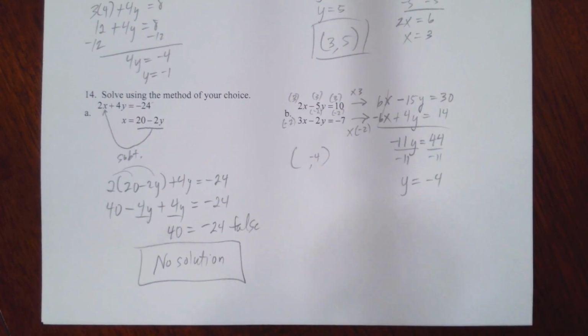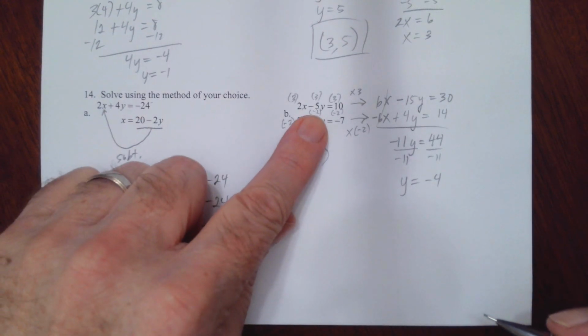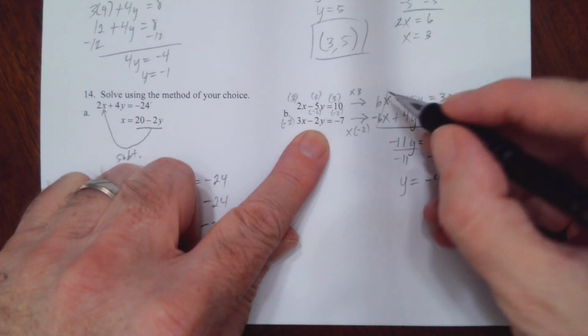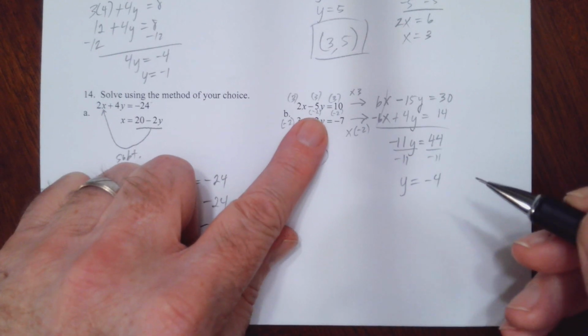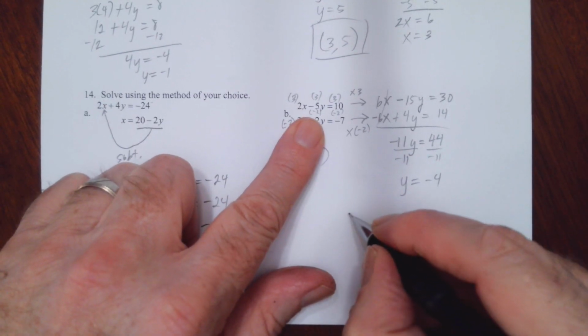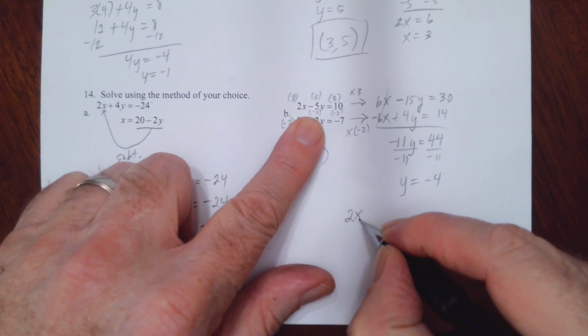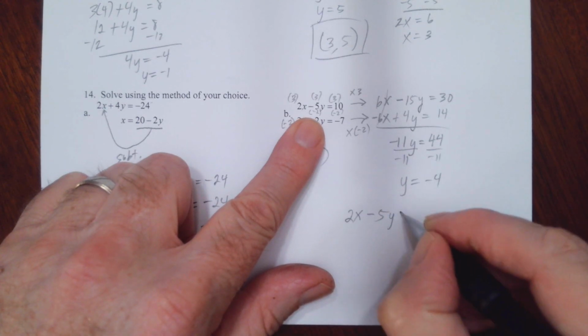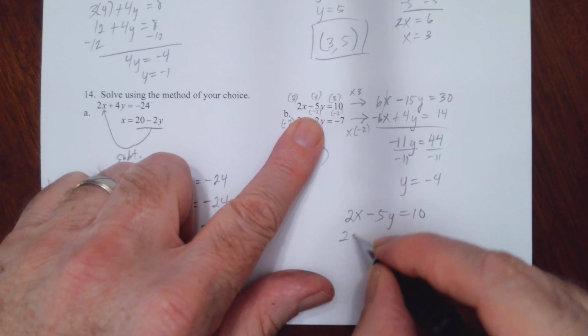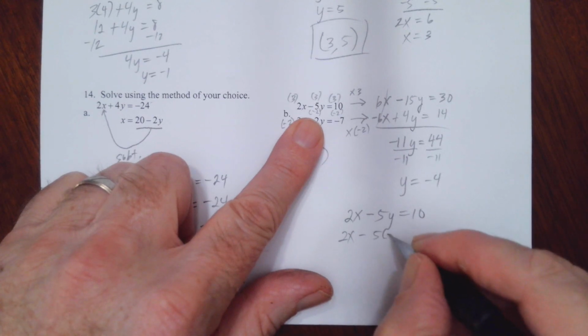Let's find x. So I think I'm going to use this first equation. You could use this one. You could even use one of these. But we want to keep our numbers small. We might as well use one of the first two. So let's use 2x minus 5y equals 10. And we know that y is negative 4.